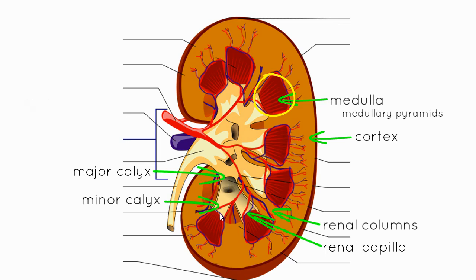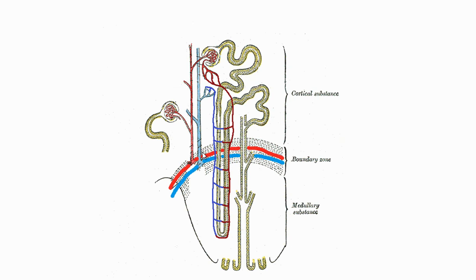So you've got the renal papilla pointing in towards draining urine into the minor calyx, and the minor calyx combines to form the major calyx. And then you've got the major calyces combining to form the renal pelvis. So this bit here is the renal pelvis. And then the renal pelvis forms the ureter, which leaves the kidney.